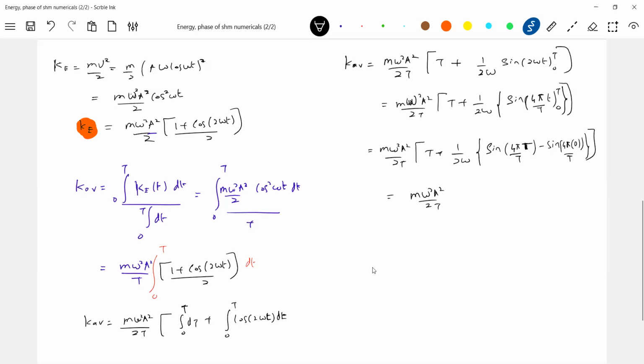Sine 4 pi will be 0, sine 0 will be 0. So finally, we'll end up with only the bracket, 1 by 2 omega times 0 minus 0. Already the 1 by 2 is there, no? 2, 2, and this will become 4, no?